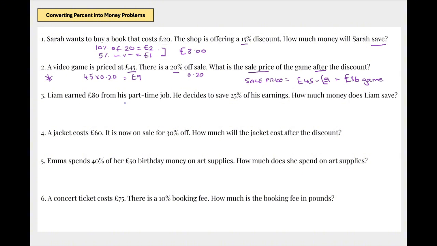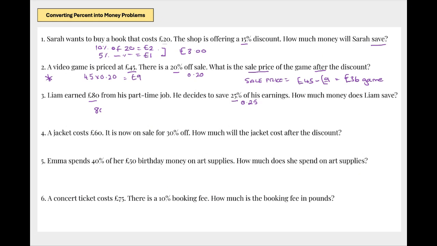Liam earned £80 from his part-time job. He decides to save 25% of his earnings. How much money does Liam save? So what I'm going to do now is convert it to a decimal again. So it's going to be 0.25, and I'm going to multiply it by 80.